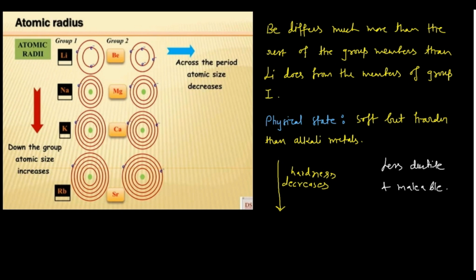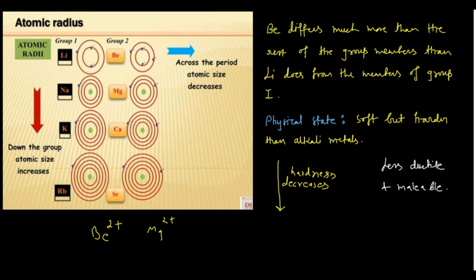Okay, and this difference in the properties is much more pronounced when you move from beryllium to magnesium than it is for lithium to sodium. This is something very important. The main reason basically is that the beryllium atom or the beryllium ion Be2 positive, they are very small, actually. So when they are relatively small when compared to magnesium, in fact it is beryllium 2 positive, and if you go data wise, I can write here, say for example, this is your Be2 positive, okay, and this is your Mg2 positive, right?